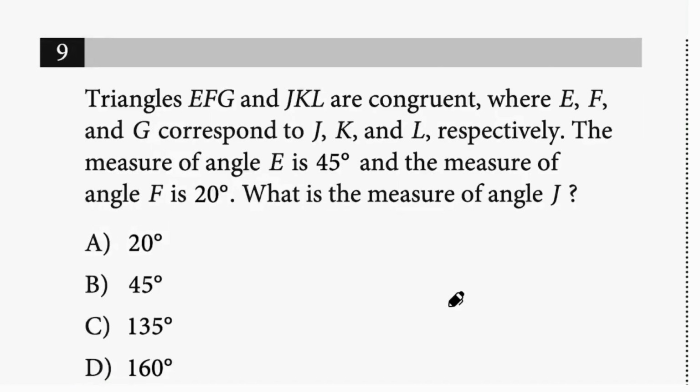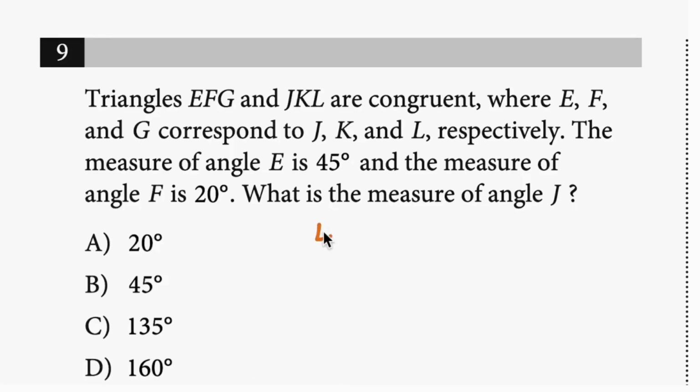Question number 9. Triangles EFG and JKL are congruent, where E, F, and G correspond to J, K, and L respectively. So when there is the word respectively here, that means we have to mind the sequence.